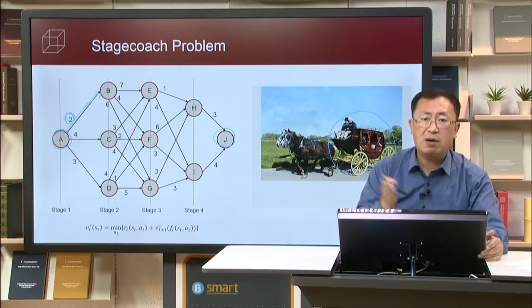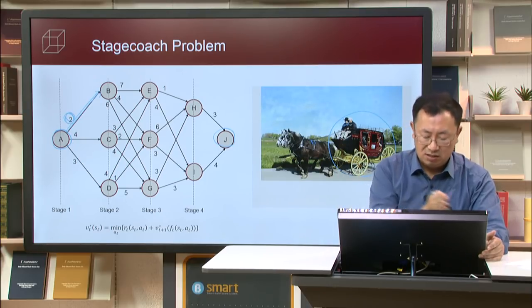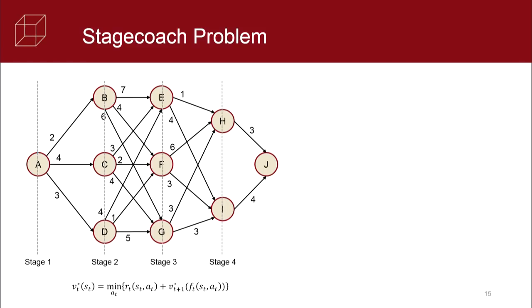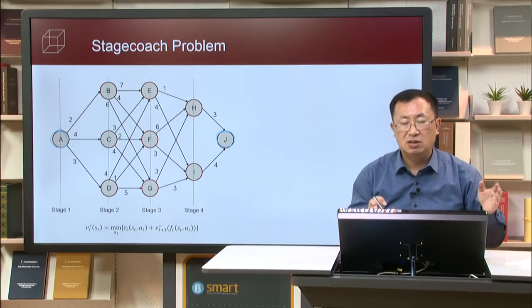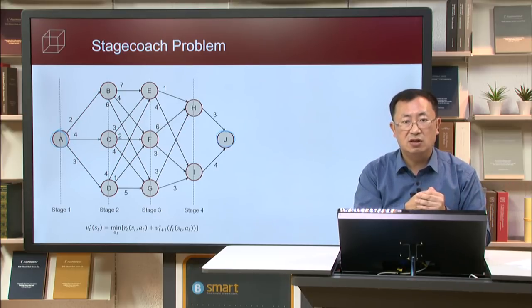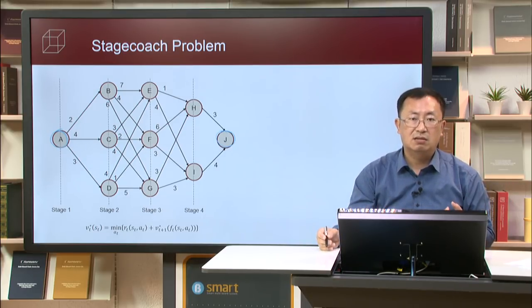You'd like to walk backward from the last stage, backward in time, to solve the problem of finding the shortest path from node A to node J. One possibility is to identify all the paths, calculate how long each takes to get from A to J, enumerate all possible paths, and compare their lengths to identify the shortest path.